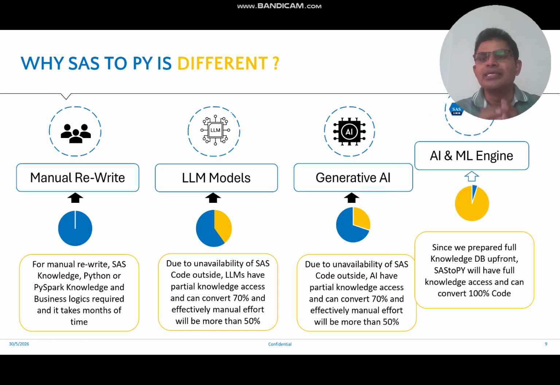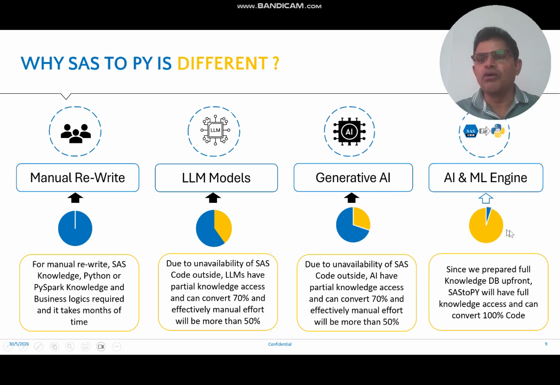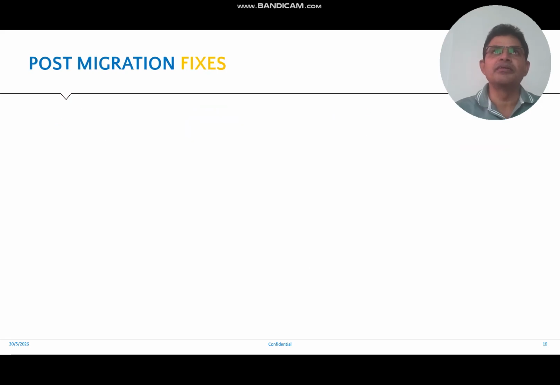Whereas SAS2Pi has a full knowledge base. That's why SAS2Pi is different. Since we have this pre-built knowledge DB, for any kind of pattern, we have a mapping into Python or PySpark. So we are able to do this lift and shift activity. That's why it's completely different.